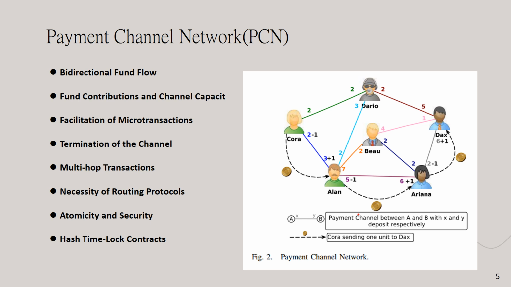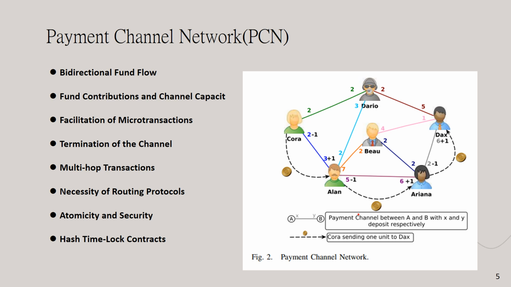Multi-hop transactions must be atomic, either fully successful or failed, to prevent funds from being lost. Hashed timelock contracts (HTLC) ensure atomicity and security by locking funds until specific conditions are met within a time frame.